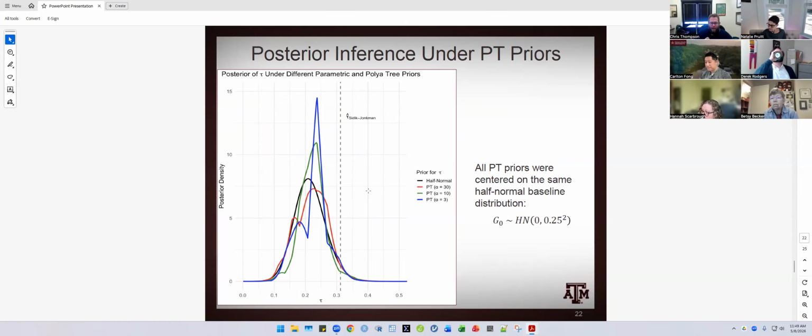In terms of interpreting what might happen from the posterior in this half normal option, that might be more common.